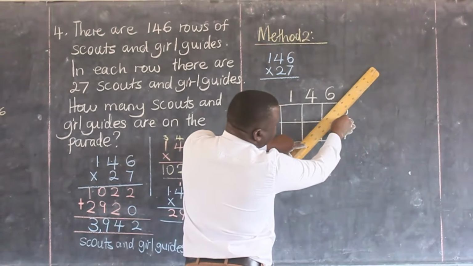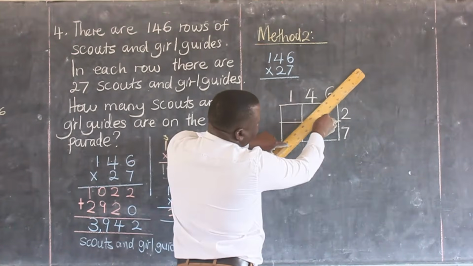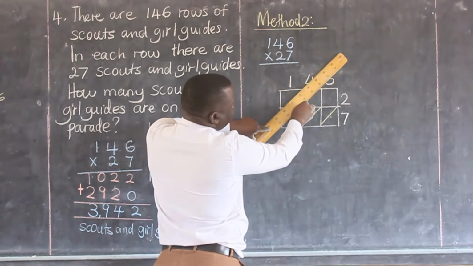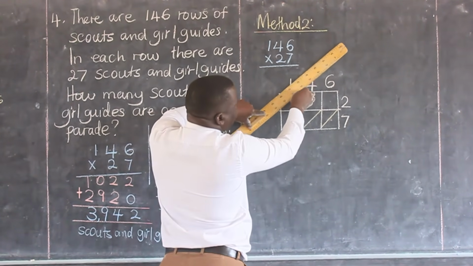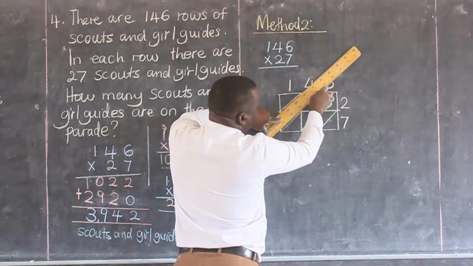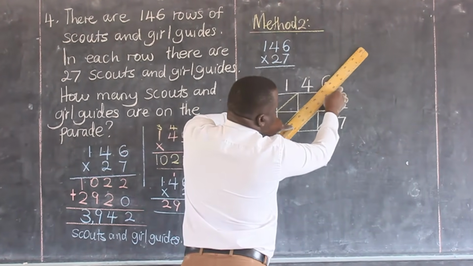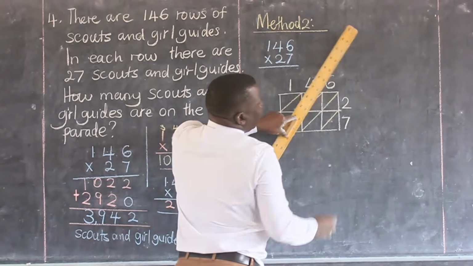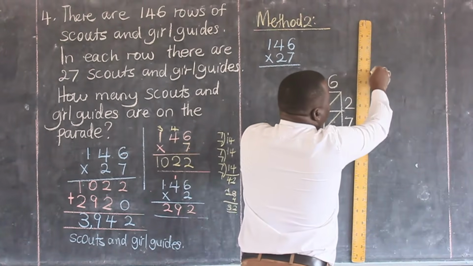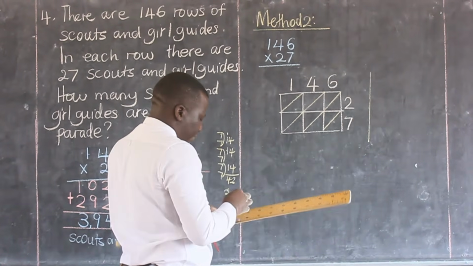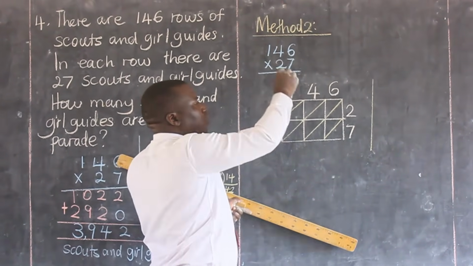So you're going to divide this into 2, this into 2, this one also into 2, this one also into 2, this into 2, and this one also into 2. Okay? Then you create your sidewalk there.